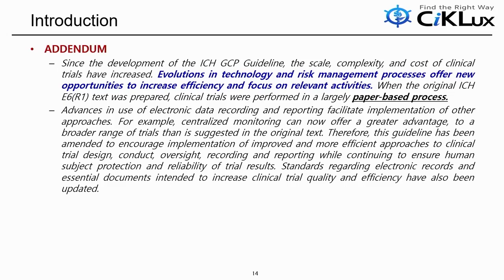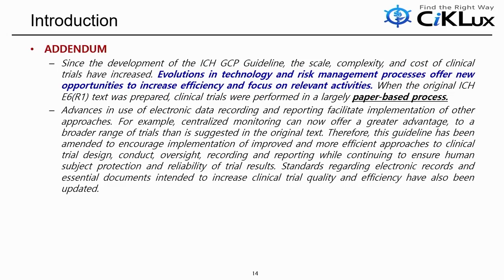When the R1 text was prepared, that was more about the paper-based process. But with technology development, we do have more opportunity now. So ICH GCP E6 R2 allows and introduces electronic systems. So that's the change. Electronic data and electronic systems were accepted with R2.